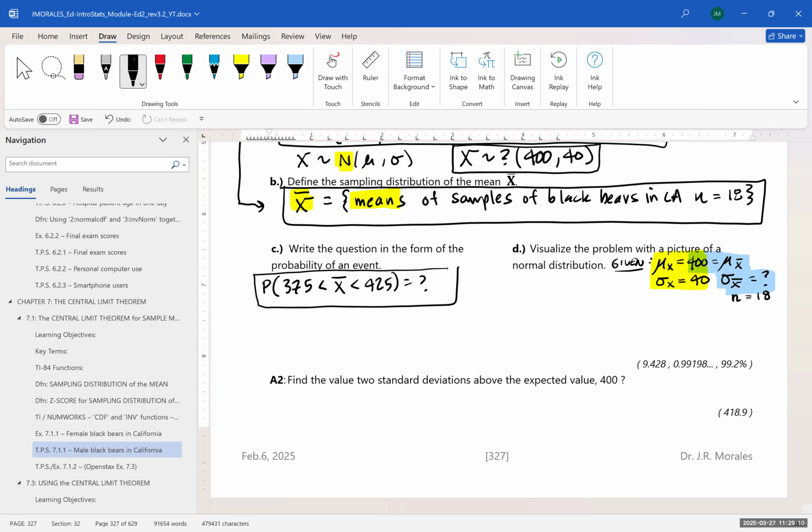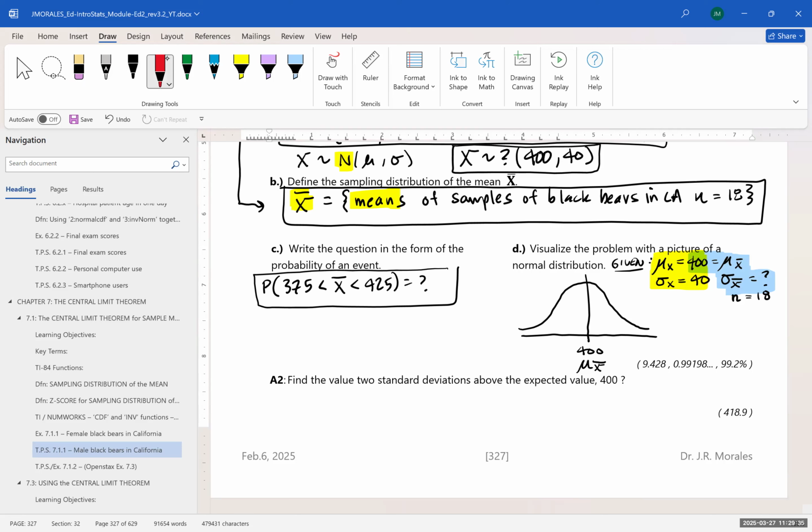So the picture that we're going to draw is going to look something like this, where the center of it is 400, and that represents the mean of our sampling distribution, the mean of our sample means.